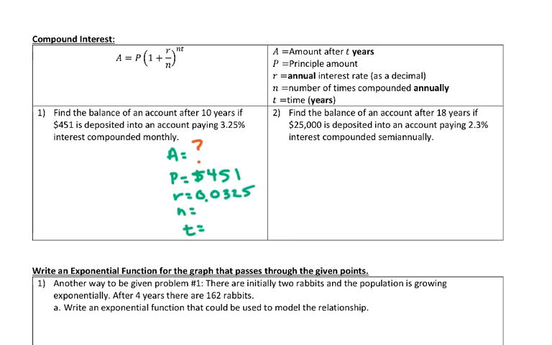Remember, percent means to divide by 100. The number of times compounded annually: this says it compounds every month, and there are 12 months in a year, so N is going to be 12. T is the time in years. You want to find the balance of the account after 10 years, so your time is 10. Now you have everything except for A, so you're going to fill it into our equation.